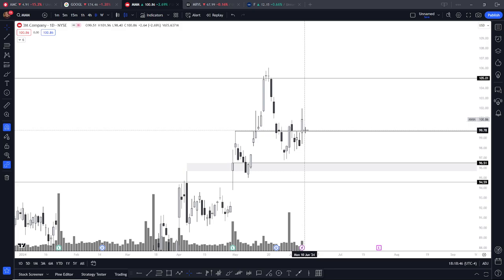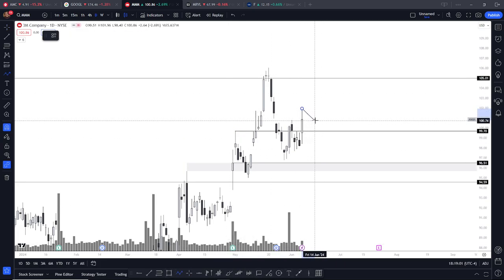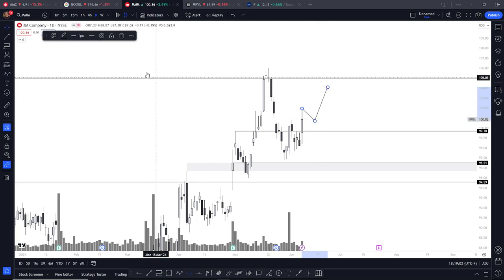So I could take this and just risk 99.70 or $100, or this little gap over here, which is basically the $100 psych, or like 150. I would just buffer it to $100, but we're going to see how this one moves. If it gets a nice little gap up and a retest into here, and then it goes, I will maybe take an entry with some time.